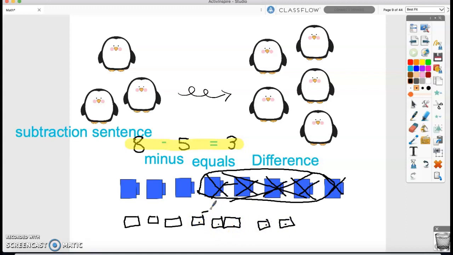I will circle the 5 and cross them out. Awesome. So our picture matches our model. Awesome job learning today.